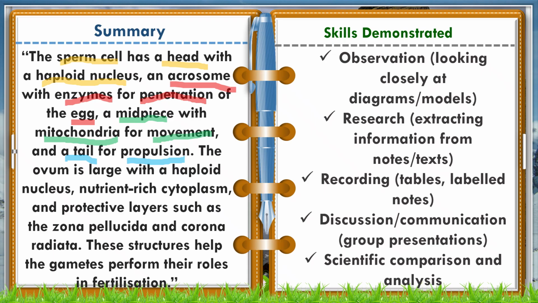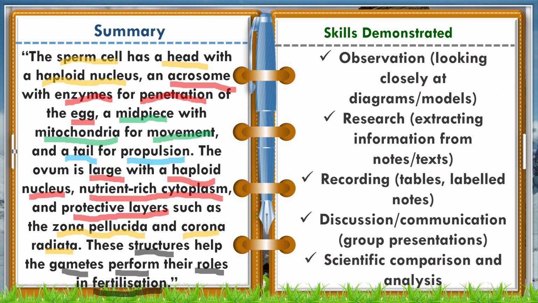Whereas the ovum is large with a haploid nucleus. It has nutrient-rich cytoplasm and protective layers such as the zona pellucida and corona radiata. These structures help the gametes to perform their roles in fertilization.